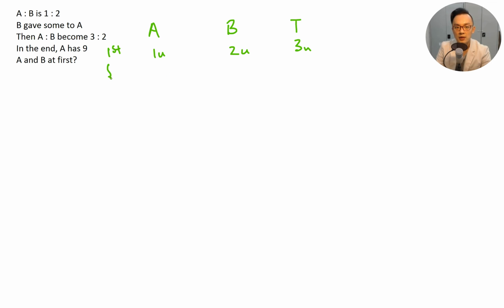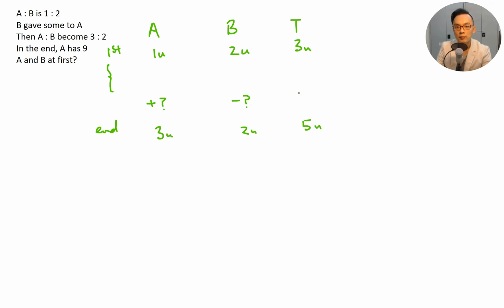Again, I leave some space here because I know I'm going to change the total. So B gave some to A, so B is minus question mark, and A is plus question mark. At the end, A is to B becomes 3 is to 2. Total is 5.